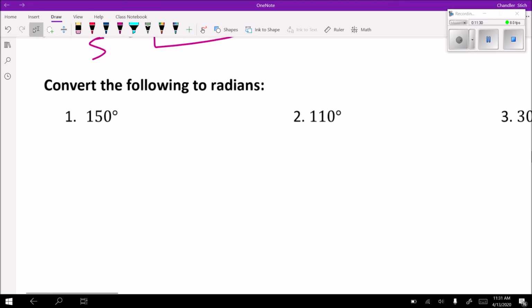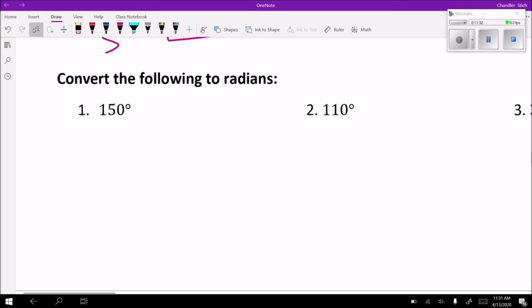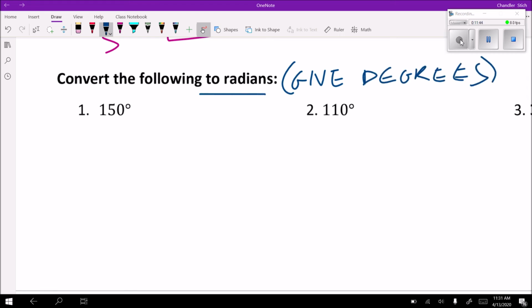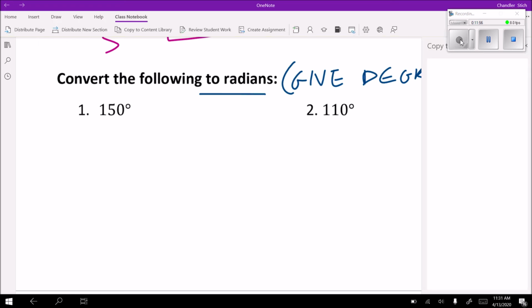Now, convert the following to radians. Converting to radians means I'm given degrees, and that should be obvious, given that I have a degree symbol right there. That should be obvious. But again, either way, you have some sort of reference. All right, 150 degrees, excuse me.